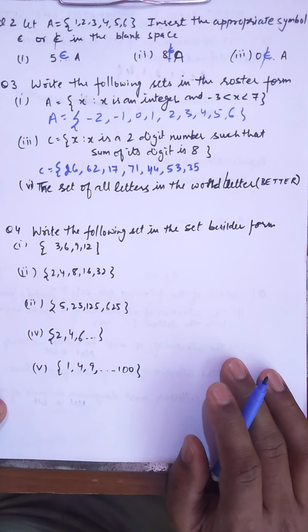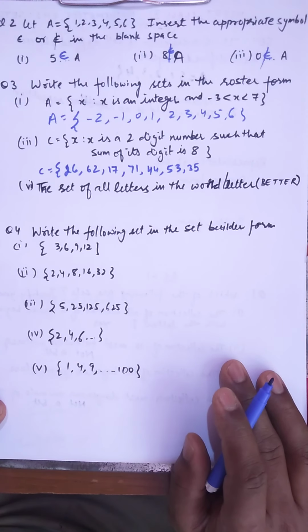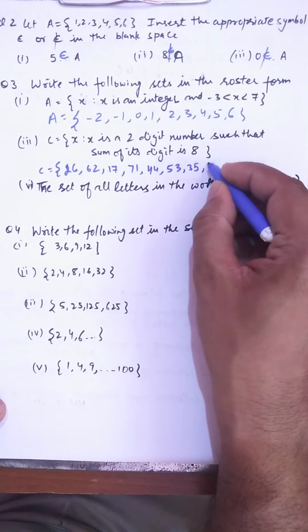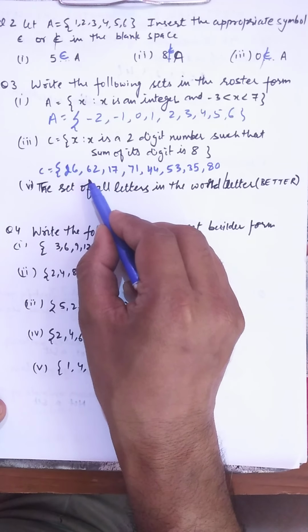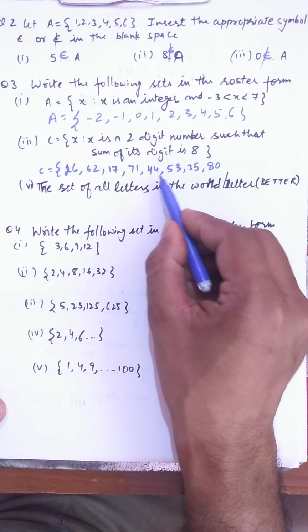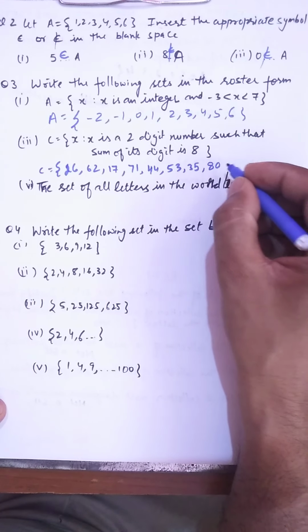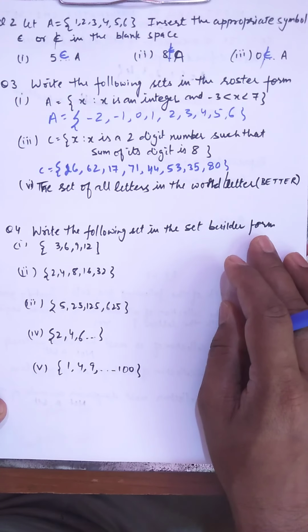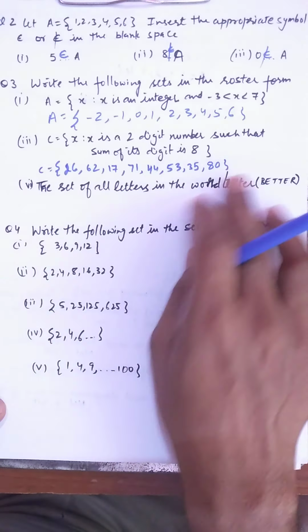Just think, is anyone else there? You have taken the combinations, but you are forgetting one important number, and that number is 80. So the elements are 26, 62, 17, 71, 44, 53, 35 and 80. These are the elements of this builder form, and in the roster form we have written this.